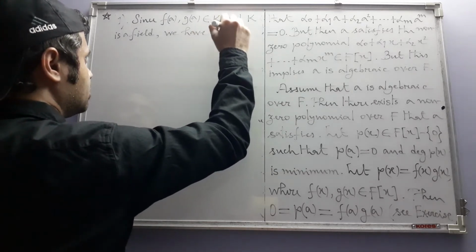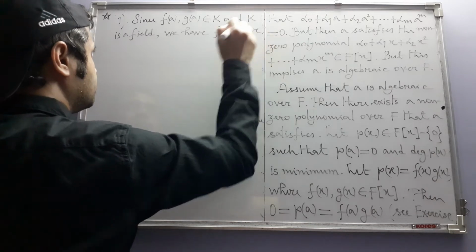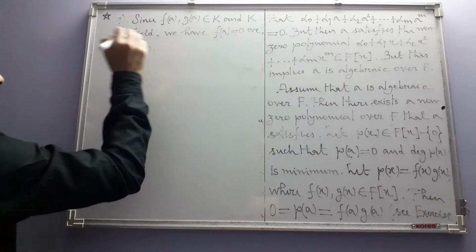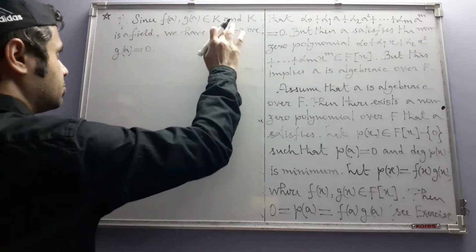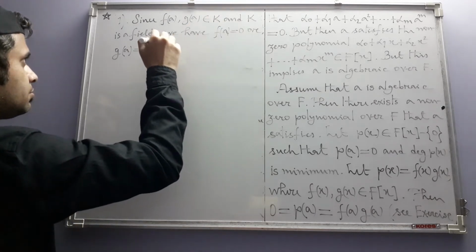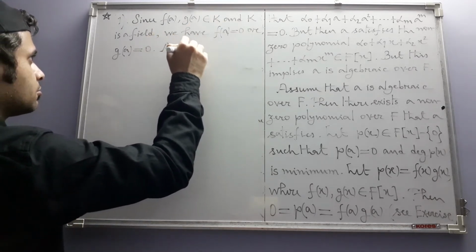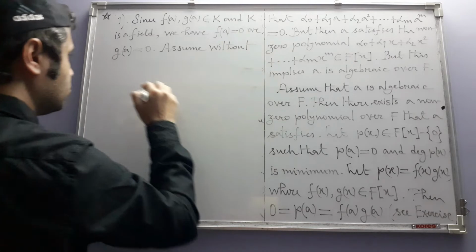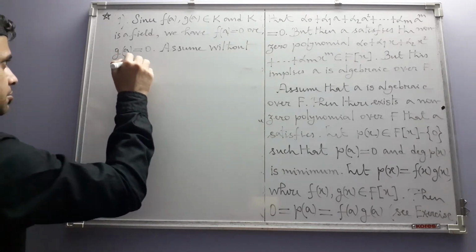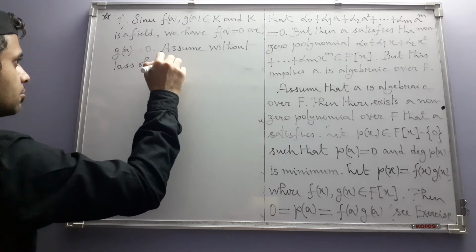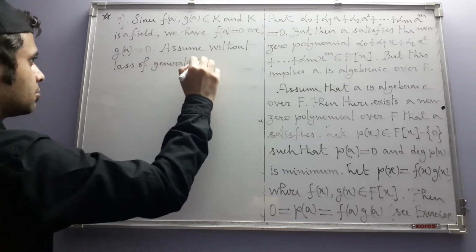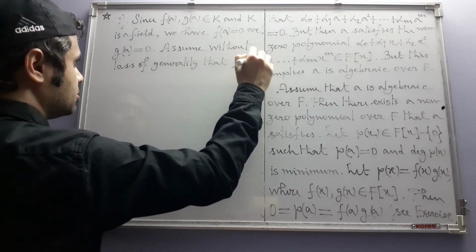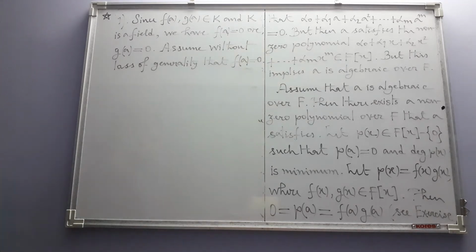So either Fa is 0 or Ga is 0, or of course both are 0. Assume, without loss of generality, that Fa is equal to 0.